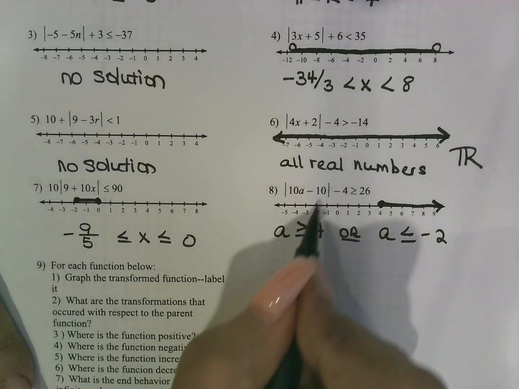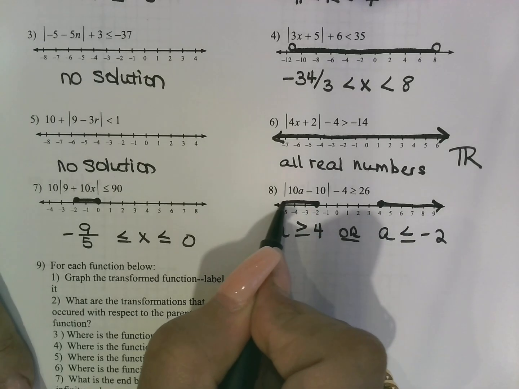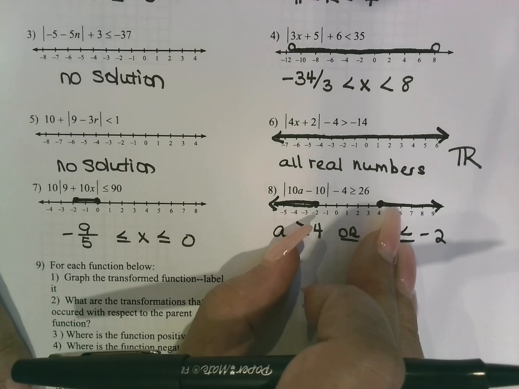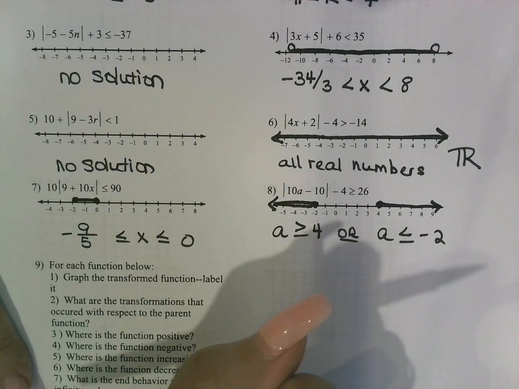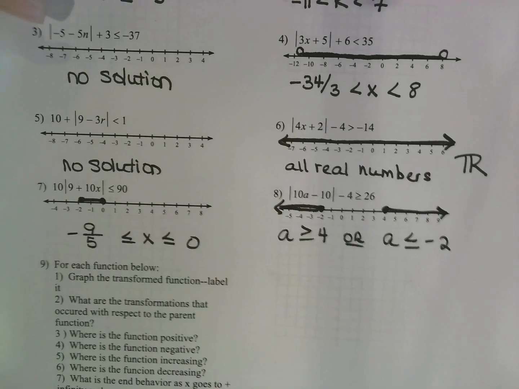Or a is less than or equal to negative 2. Negative 2 is right over here, and it's everything this way. Remember, ORs tell us to combine everything together. It's the ANDs where we take the intersection. Okay? All right, well, that was problems 1 through 8.